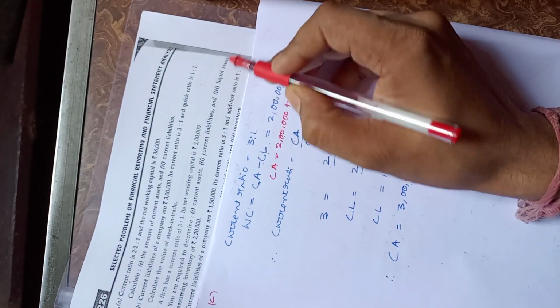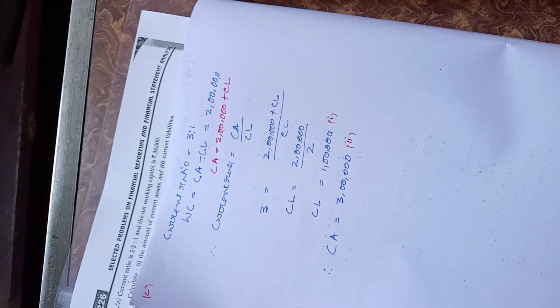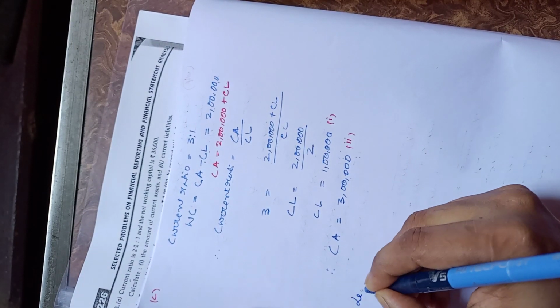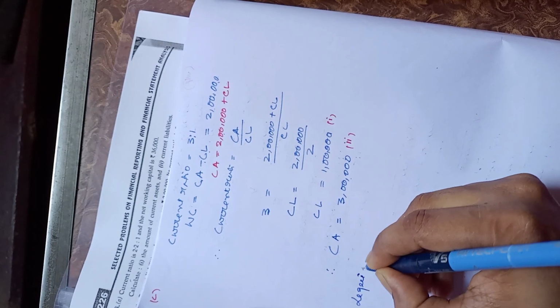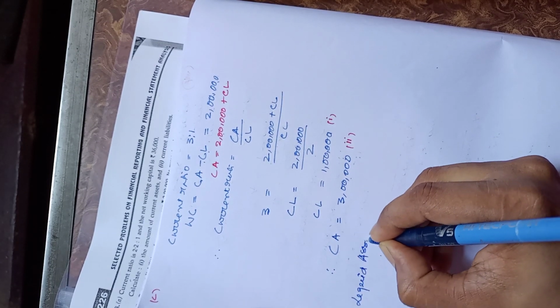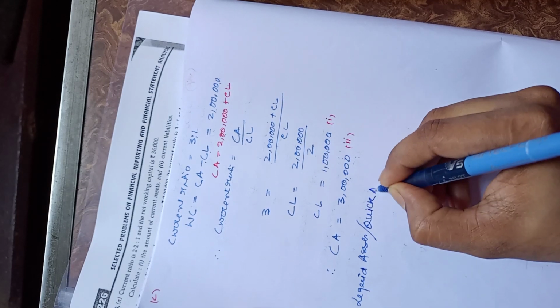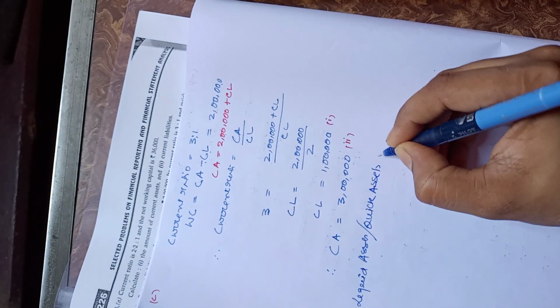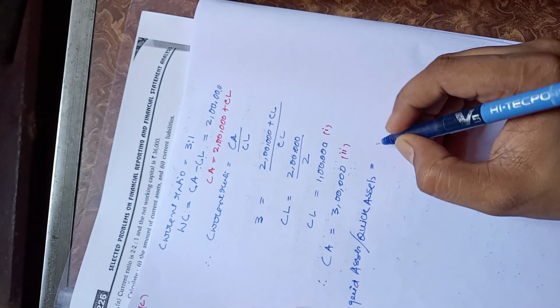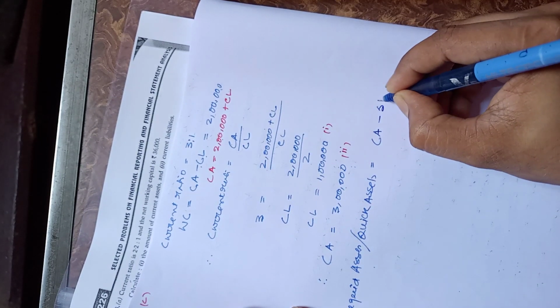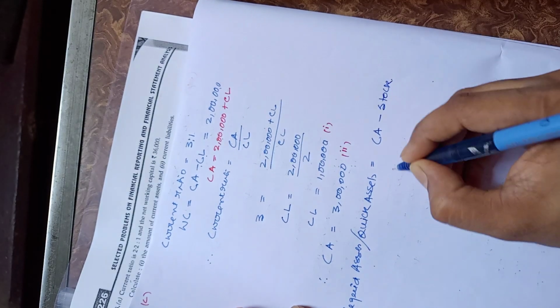Now we have to find out the liquid assets. So what is the formula of liquid assets or quick assets? The liquid assets or quick assets is equal to current assets minus stock.